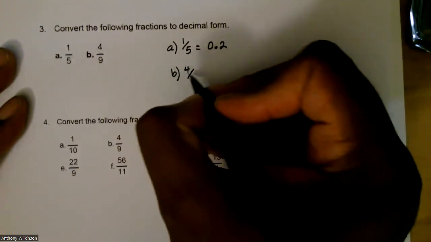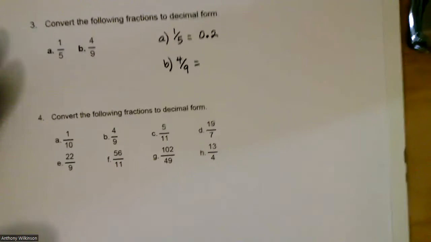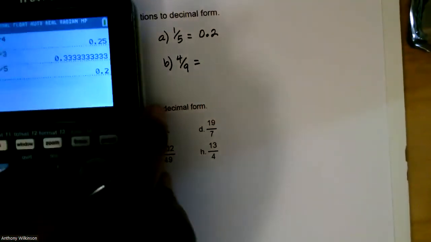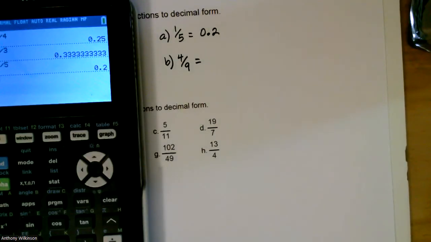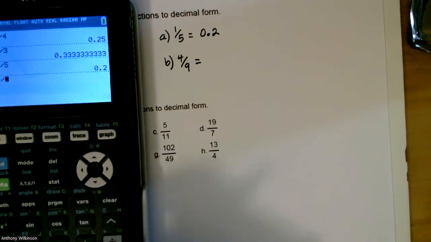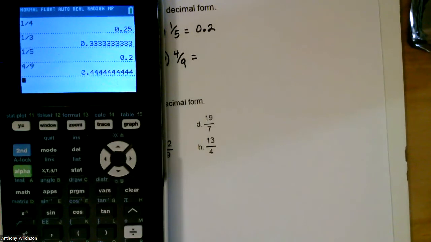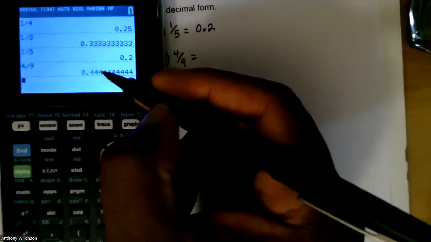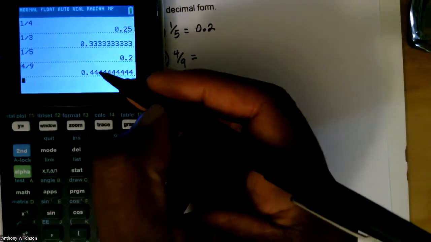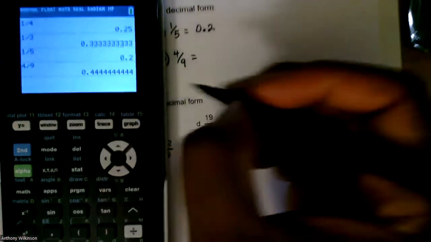And then part B is 4/9. Now they want this to 3 decimal places. So if I do 4 divided by 9, notice you're going to get a string of repeating 4s. But to 3 decimal places, that fourth digit is a 4. It's less than 5, so the 4 remains the same.